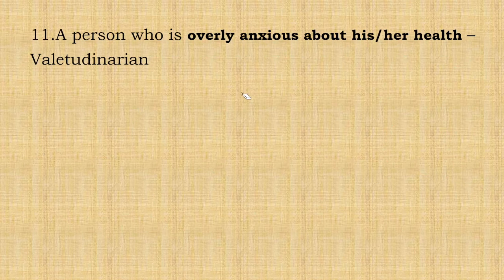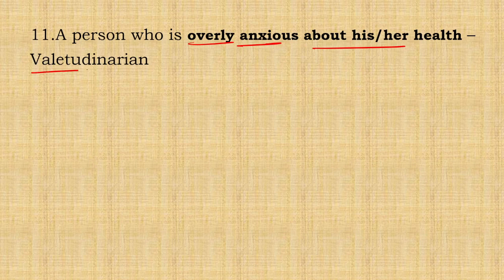Next up, a person who is overly anxious about his or her health. Let us say OCD kind of people, okay? They are very anxious, over anxious, not just anxious but over anxious. Even in normal season also, they care about their health too much. So that fellow is called a vegetarian.